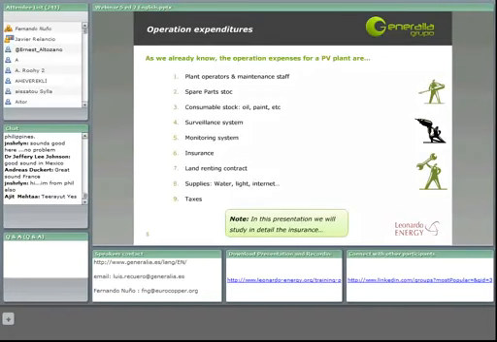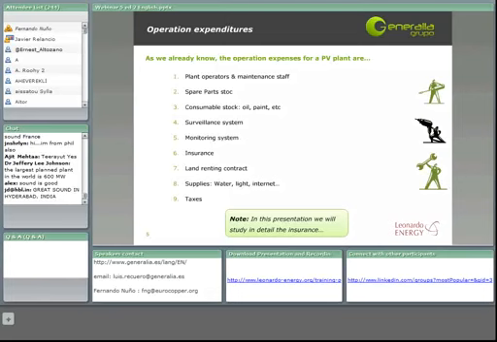As we have already studied during the 4th webinar session, the main expenses that we are going to find during our plant operation will be the plant operators and the maintenance staff, the stock of the spare parts, and the stock of all the consumable elements such as the oil and the paint, the surveillance and the monitoring system, the insurance that we have to contract, the land that we have to rent, other supplies, and the taxes.